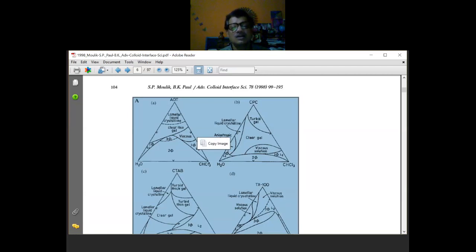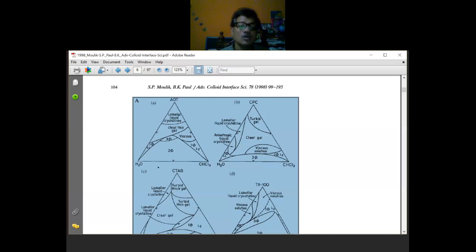Similarly, here it is 100% oil, and if you draw a straight line and go over there, it is 0% oil. Here it is 100% surfactant. If you come down, here it is 0% surfactant. That means it is the line where there is no surfactant.